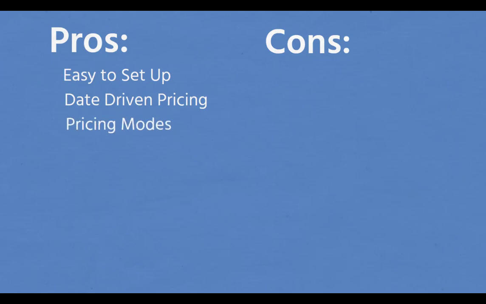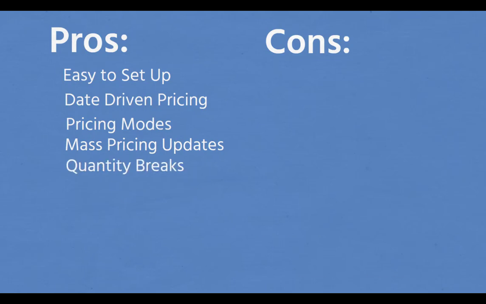The pros: it's easy to set up. With the duplicate contract feature and the ability to import and export contract information, setup is a breeze. There's date-driven pricing. There's more pricing methods available. Easy mass updates for pricing, either using the utility or the import-export feature.